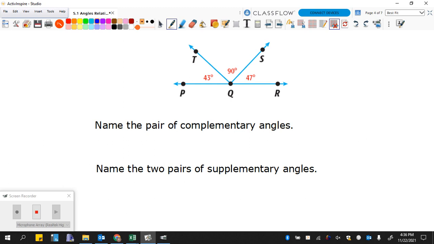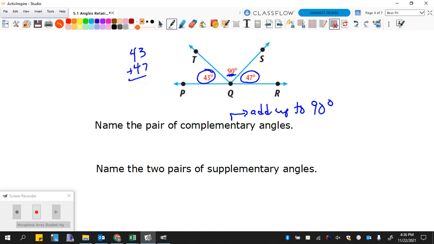Name a pair of complementary angles. Complementary angles, remember, complementary C, add up to 90. Obviously this one here is already 90, so it can't add up to itself. So we're going to add 43 and 47.